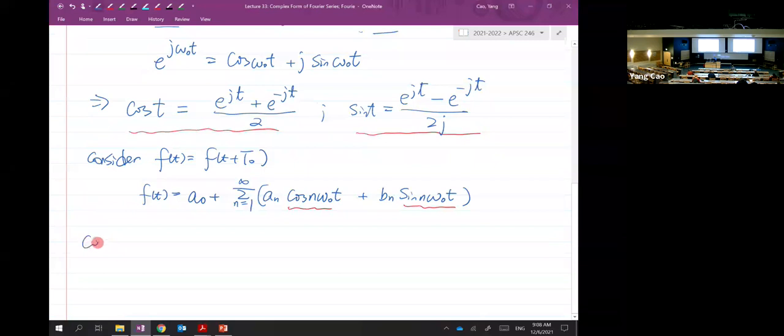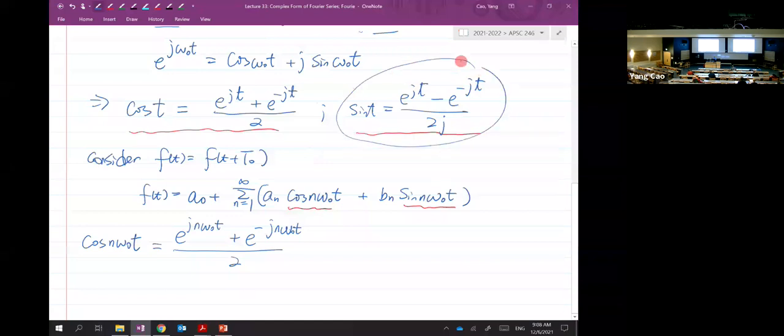You just write the same thing: cosine n omega naught t, you change the t to n omega naught, and that equals e to the power j n omega naught t plus e to the power negative j n omega naught t, divided by 2. So that's what I mean for cosine n omega naught t, using the formula. Same thing, you can write down sine n omega naught t using exactly the same formula over here.